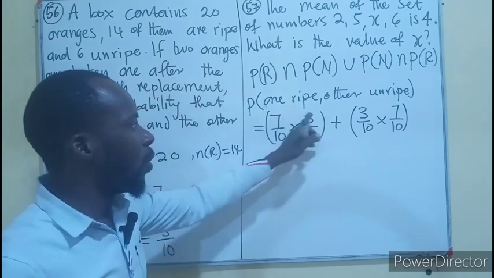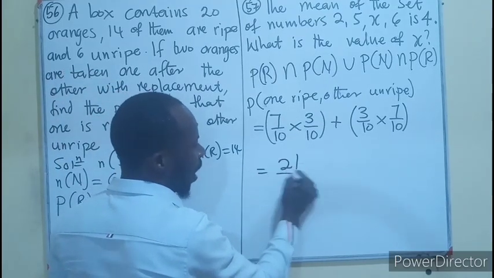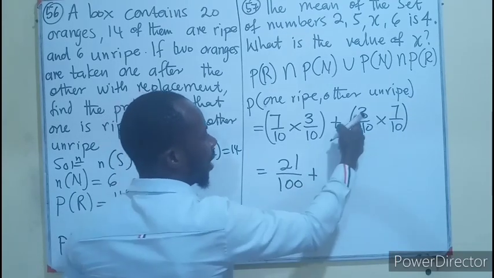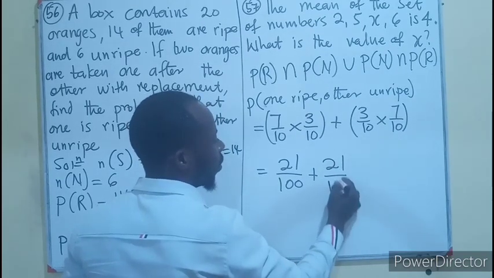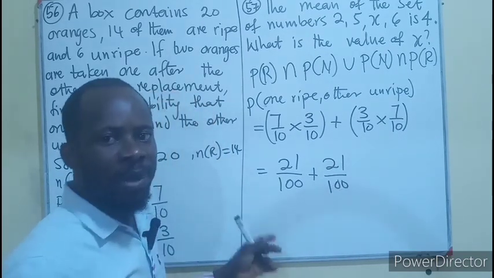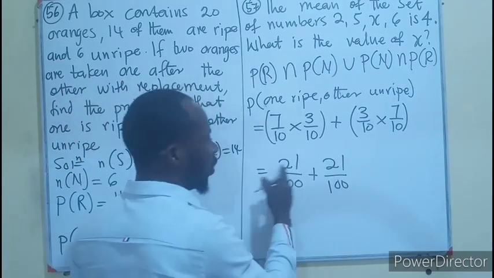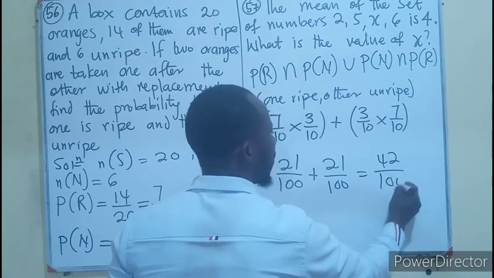We know we only multiply the numerators if there is no common factor. So 21, then the denominators 100, plus numerators 21, denominators 100. Since these become like fractions, we only compute the numerator. 21 plus 21, that will be 42 divided by 100.